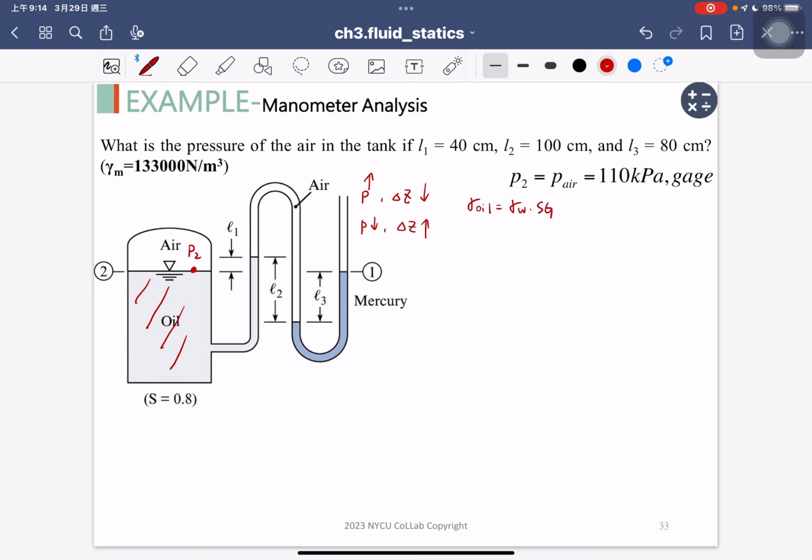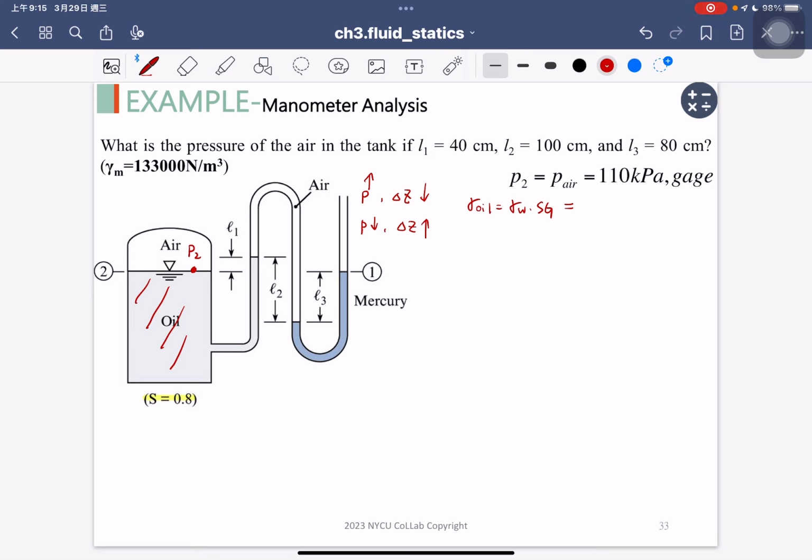Because in the question we didn't know the actual value of the oil's specific weight, but we know the specific gravity, 0.8.